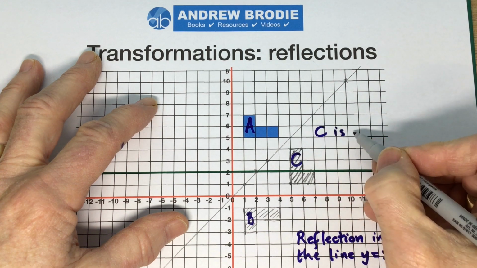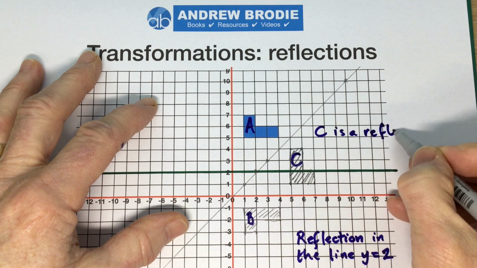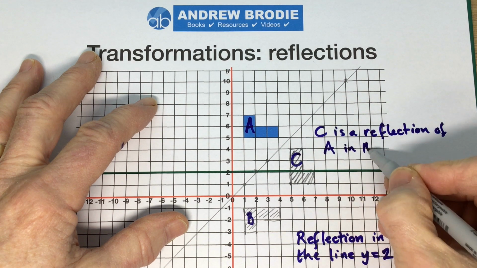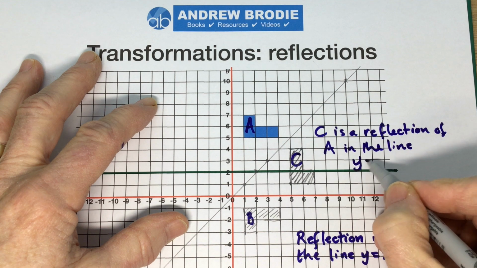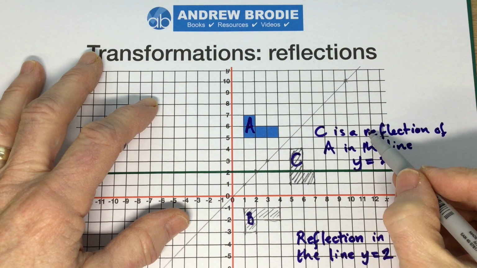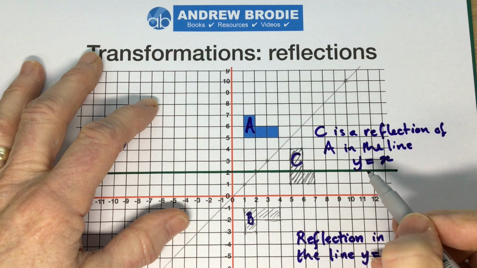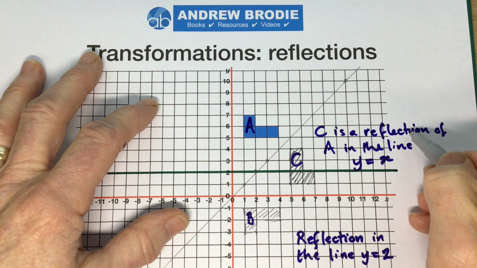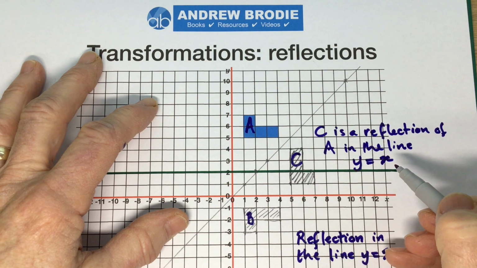C is a reflection of A in the line y equals x. Notice you need to use the word reflection, and you need to say what it's reflected in. Where is the mirror line? So it's a reflection in the line y equals x.